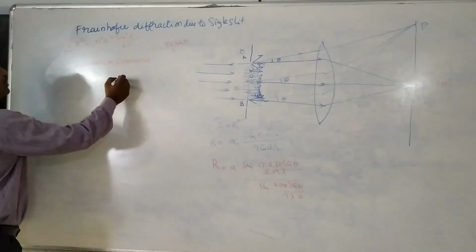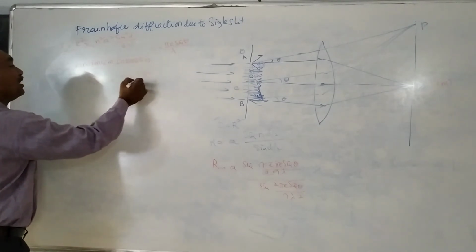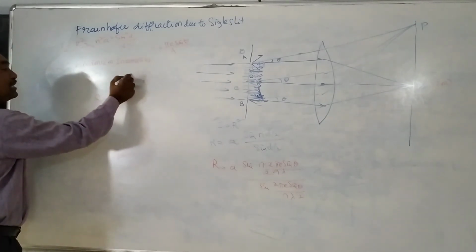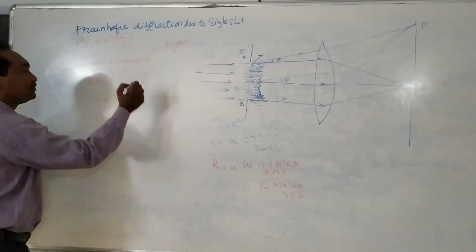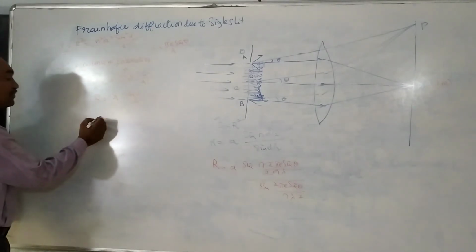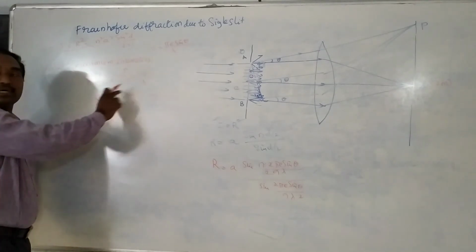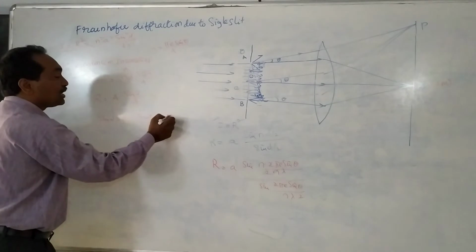What is R? n into A into sin alpha by alpha. Of course, R is equal to capital A, because nA is equal to capital A, times sin alpha by alpha equal to 0. The condition is if sin alpha is equal to 0, then R is equal to 0, but alpha is not equal to 0.